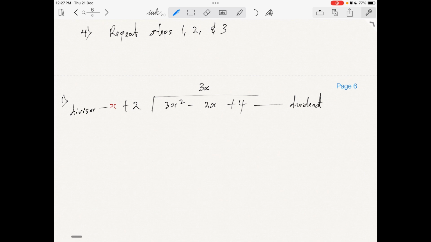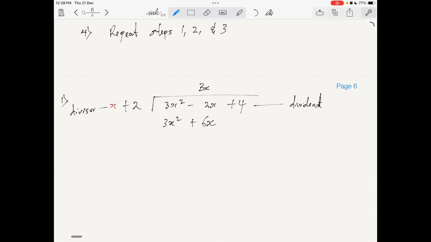Thereafter we multiply the whole of the divisor by 3x. So 3x multiplied by x gives 3x squared, and 3x multiplied by 2 gives 6x.